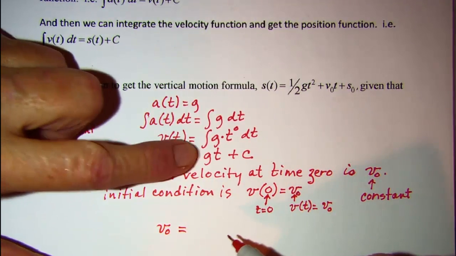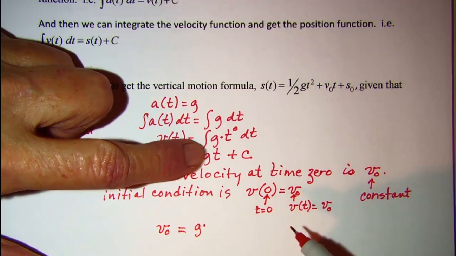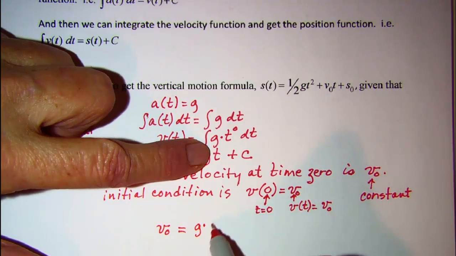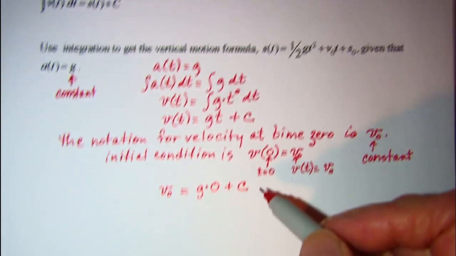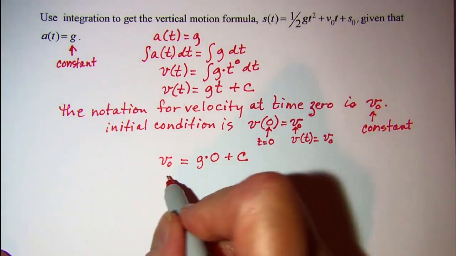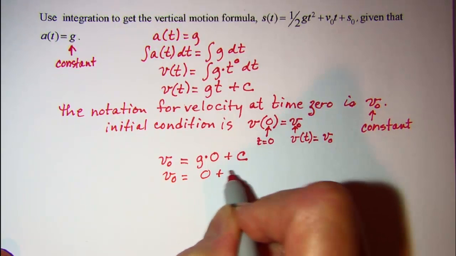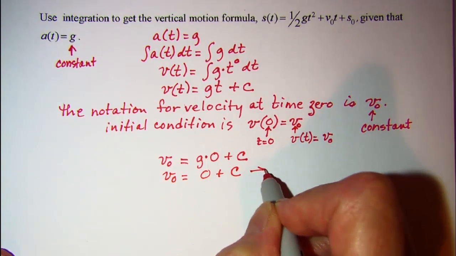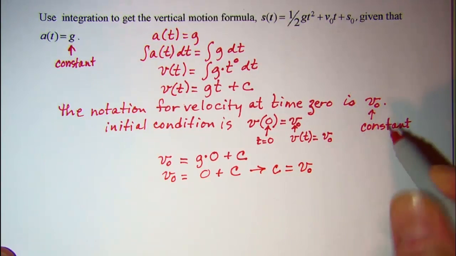equals g times t is 0 plus my c. Well, this product is 0, so v sub 0 equals 0 plus c, which means that c equals v sub 0.